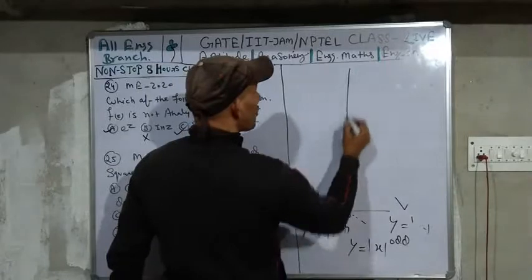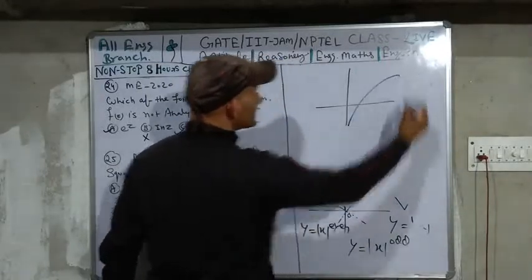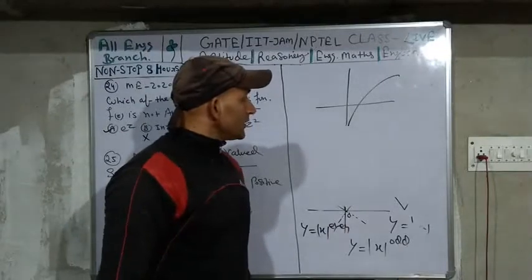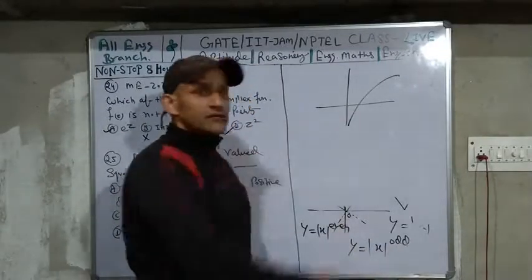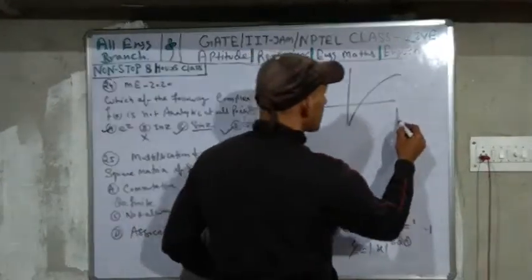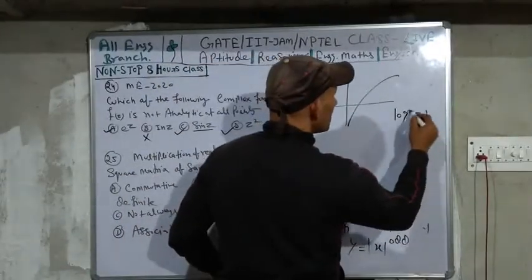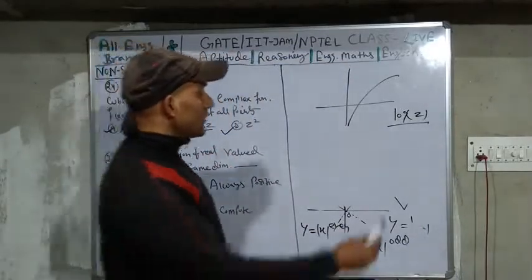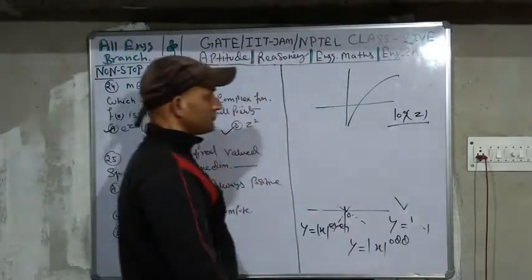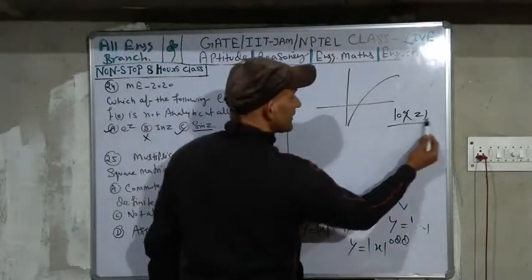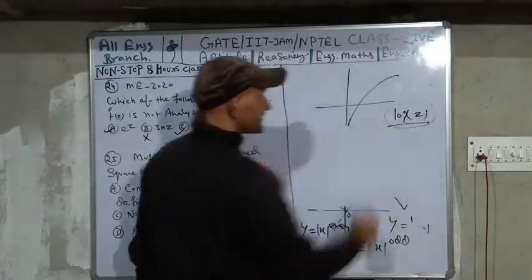ln z means log. The graph of log x is like this. If I write a negative number, the log function will not give you any output. If you write negative here, then it does not exist.